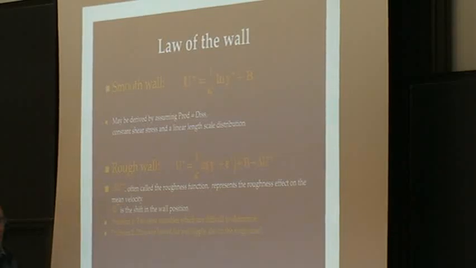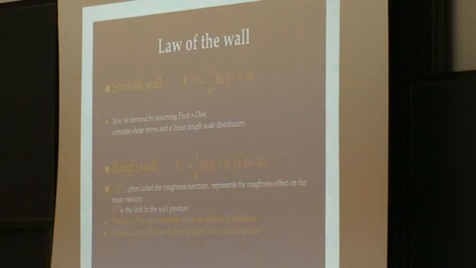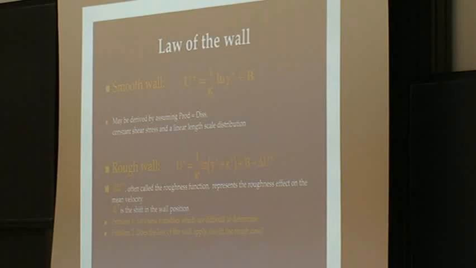And the second question is, now that we have surface roughness, we have, instead of two length scales in the smooth wall case, the viscous length scale and the outer layer delta, three scales. You will have the viscous scale, you will have the roughness scale, K, and you will have delta.